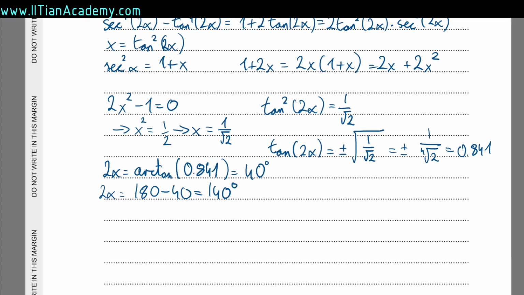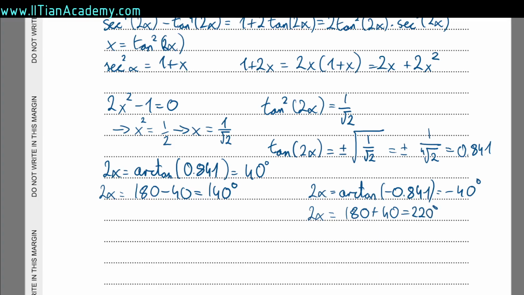And then we can also look at the negative solution. So 2 alpha is equal to the arc tangent of minus 0.841. This will give minus 40 degrees. And we can again do the same thing. This is in quadrant 4, and there's going to be an identical solution in quadrant 3. So we can say 2 alpha can also be 180 plus this 40, so 220 degrees.